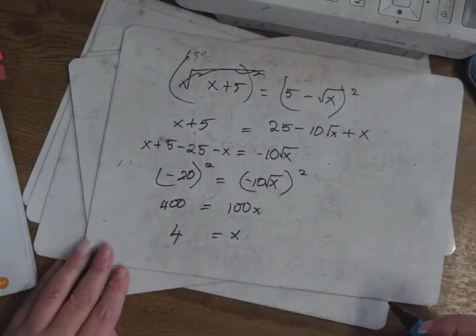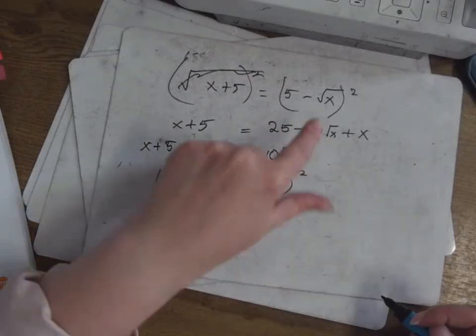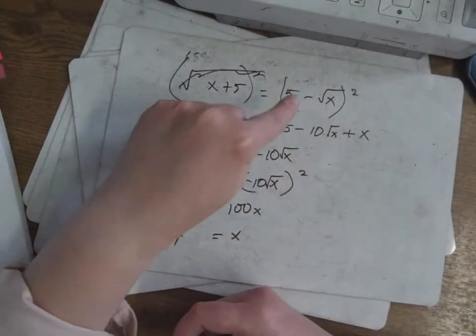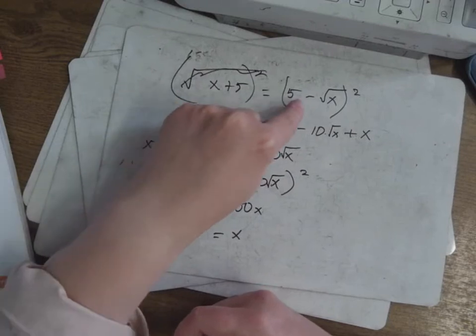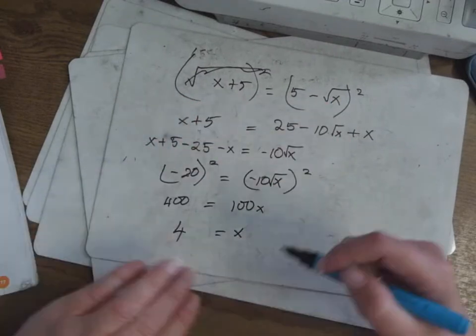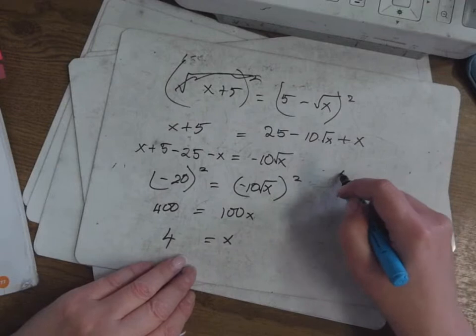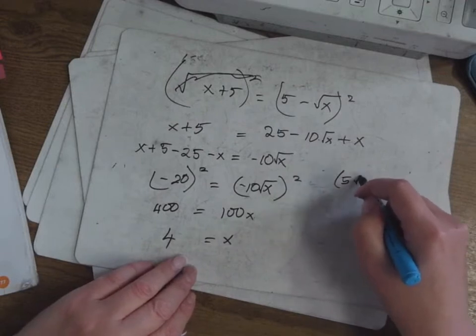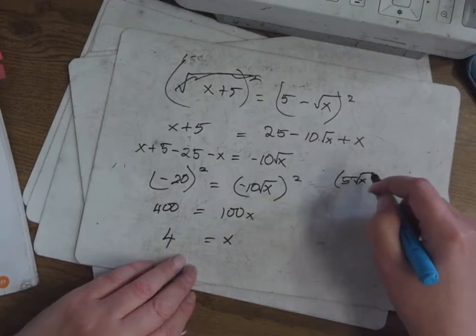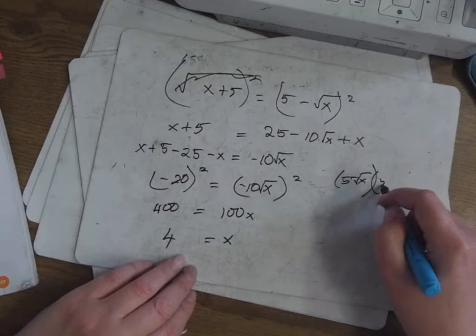Yes? I'm just wondering how you got minus 10 root x. You know when you're squaring out this bracket, square the first term, twice the first by the second term, square the last, it's like 5 minus root x multiplied by 5 minus root x.